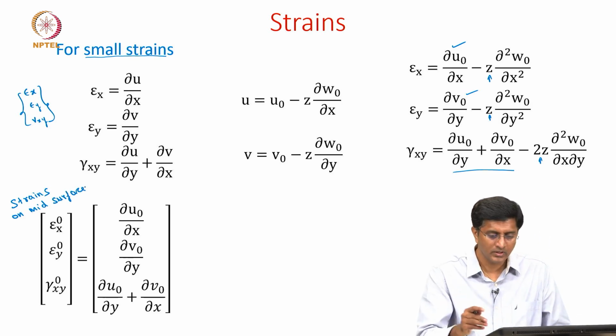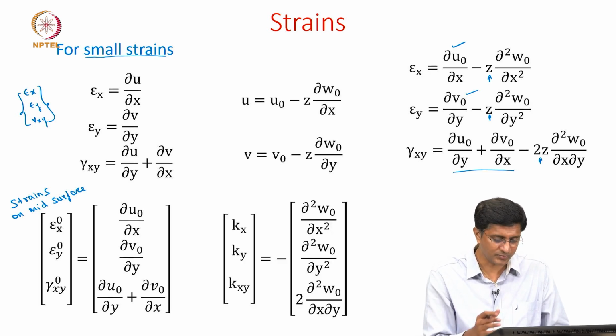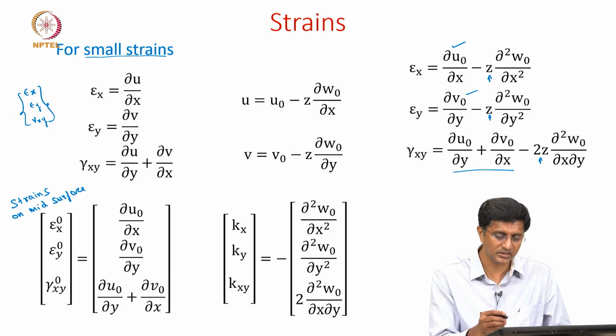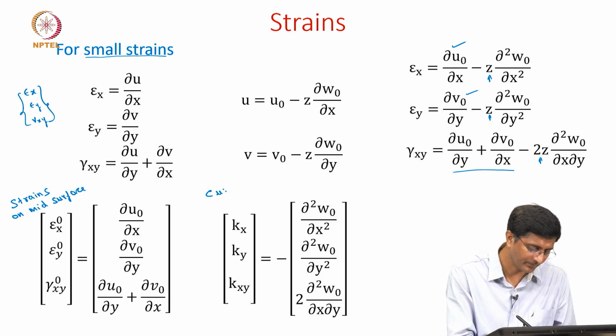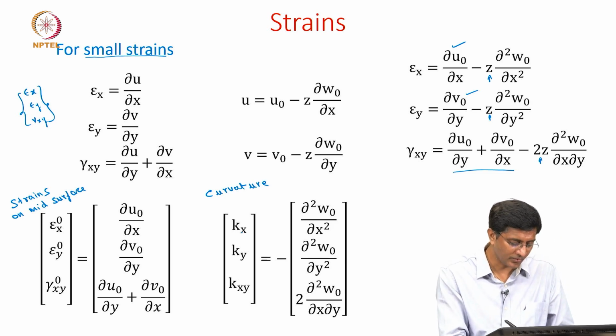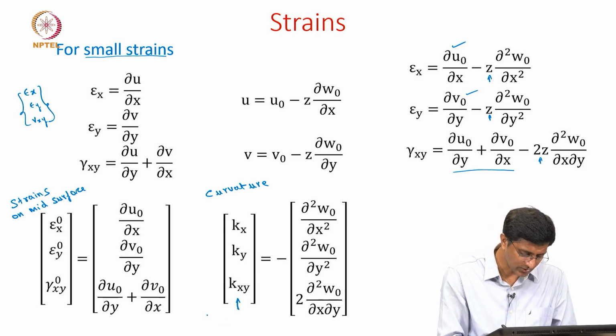Okay. Now looking at the remaining terms, we can capture them all, and notice that since we are looking at the second derivative, these are the curvatures. So we have curvatures kx, ky, and kxy. Actually, this kxy is also called the twist curvature.